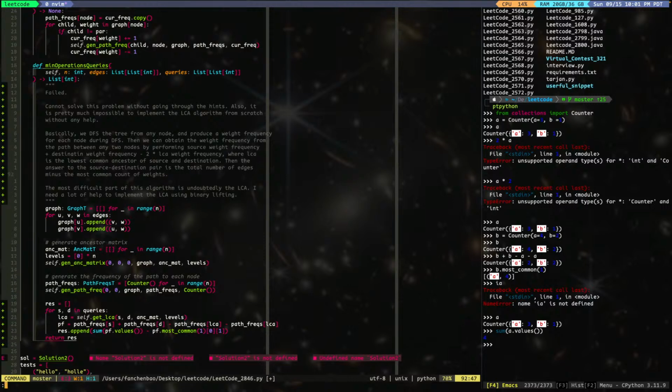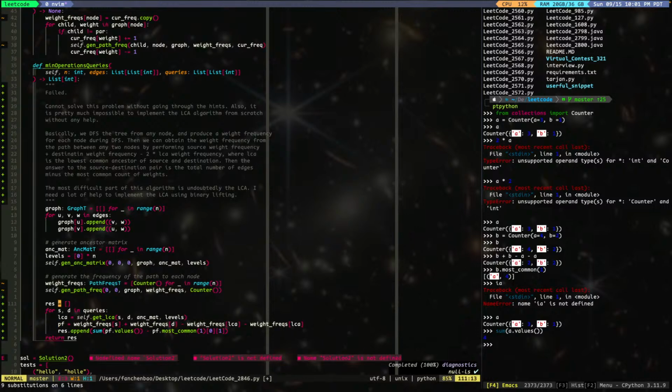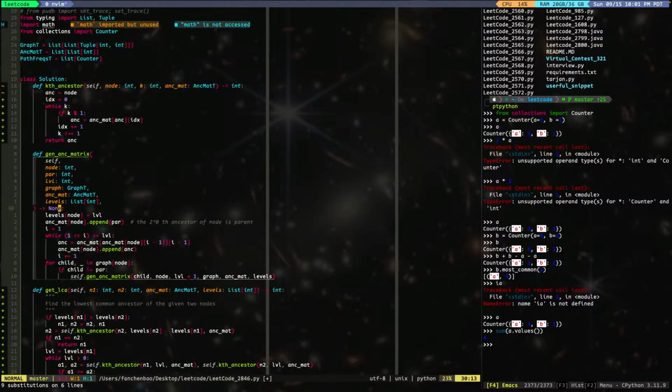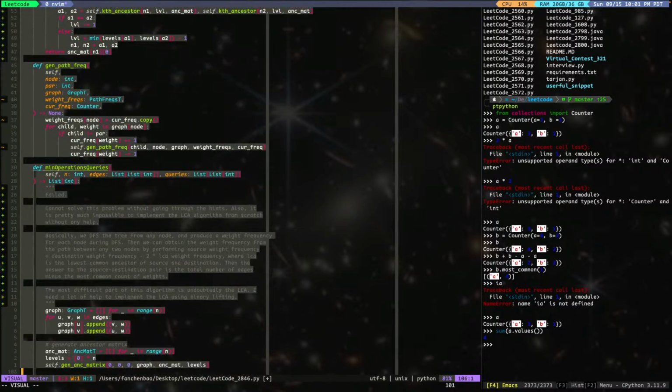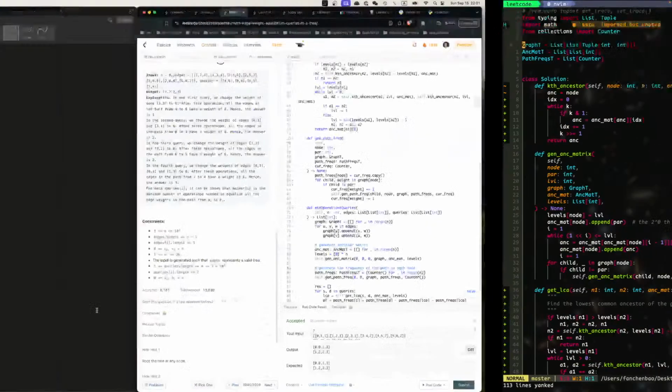So I can say, maybe we say path frequency, we shall do that to weight frequency. Okay. Alright, let's give this one more shot. And hopefully it will work.